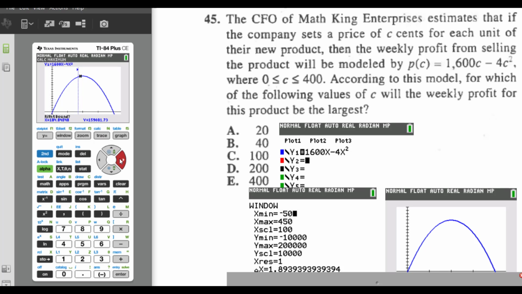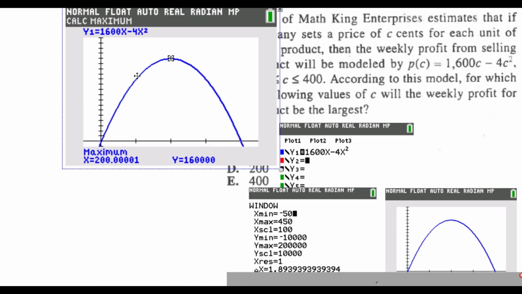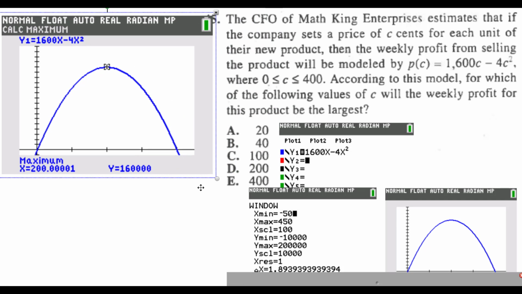I could also type in a value for x instead for the right bound. I'll just say that's the right bound, and my guess, any number in that interval. And it turns out that x is equal to 200. The reason it's not exact is that this is an algorithm, something like Newton's method, that would approximate this. So 200, D would be the answer.